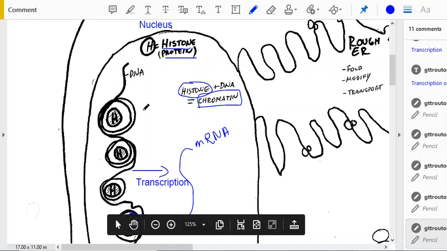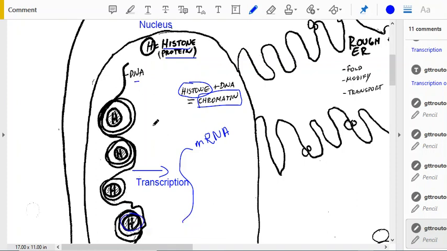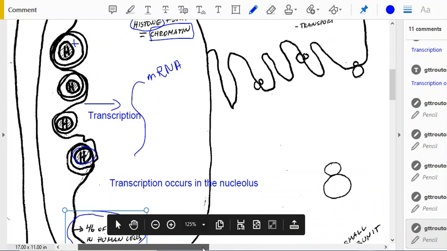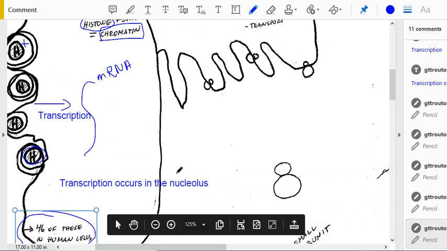DNA is negatively charged because of the phosphate groups, so you should be able to infer the charge of these histone proteins. Maybe you did it, maybe you didn't, but that charge would be positive. So histone proteins are positive, DNA is negative, and that's one of the reasons DNA can wrap around these histone proteins.